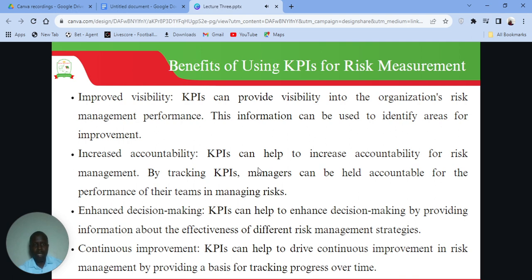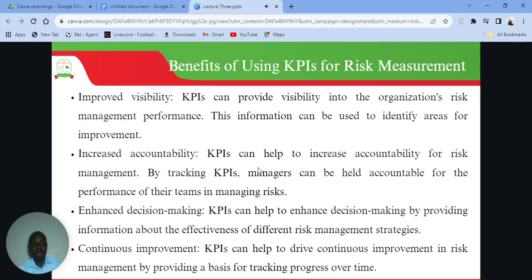Now, when we use KPIs, how do we benefit as an organization? We have improved visibility, so we are able to see better within the organization, within the supply chain processes. We can also have increased accountability. These KPIs are going to make us more accountable.